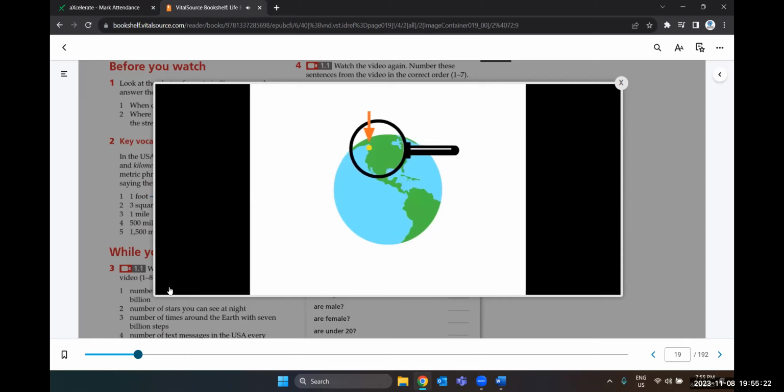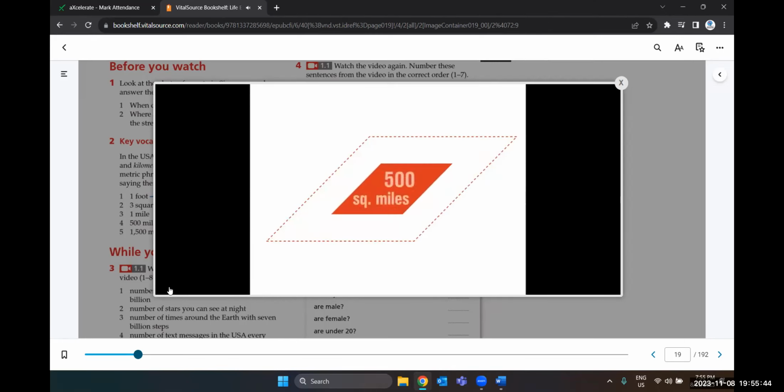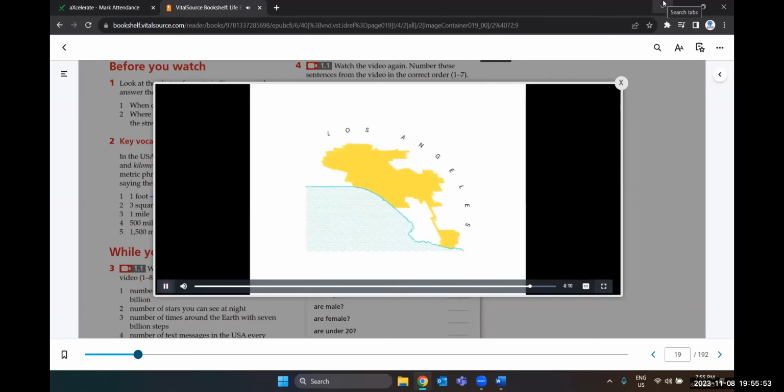Or there's the state of Rhode Island. It's 1,500 square miles. What about French Polynesia? Its islands are beautiful, and they are about 1,500 square miles. Oh, and for a photograph of 7 billion people with everyone next to each other, we need an area of 500 square miles. Yes, 7 billion people in 500 square miles. Los Angeles is 500 square miles, so we can take the photograph there.